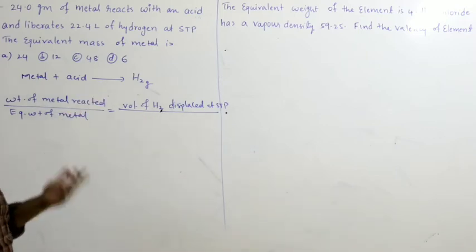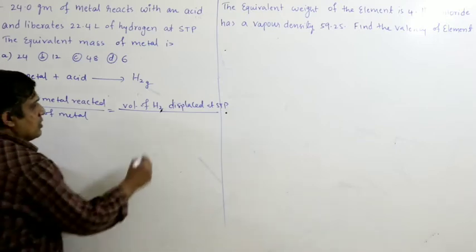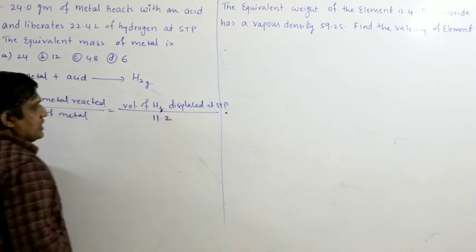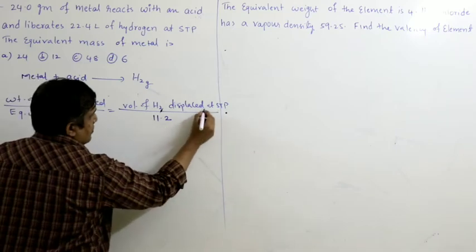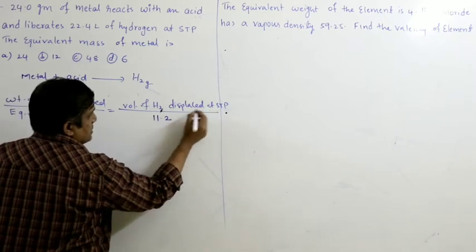If mass is given, the equivalent weight of hydrogen is 1. At STP, 1 gram of hydrogen occupies how much volume? 11.2 liters. Of course this must be in liters.